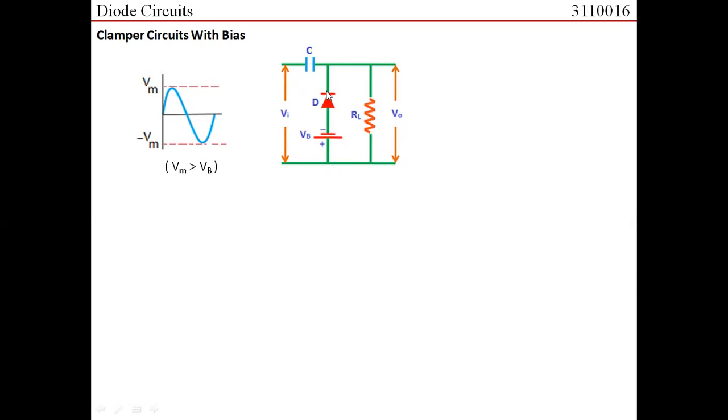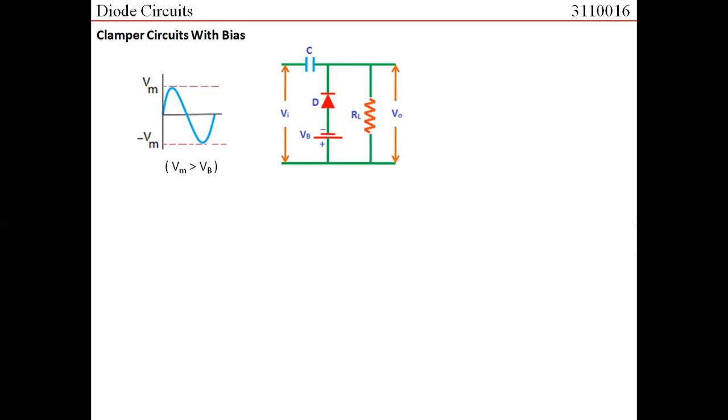Now, to what value would the capacitor charge? Initially it was charging to minus Vm, but now it cannot charge up to minus Vm because this Vb comes into the picture. So the charging of the capacitor would be equal to Vm minus Vb, right? If you want, you can take a pause here and try to solve this, and then play the video again and try to match your answer.